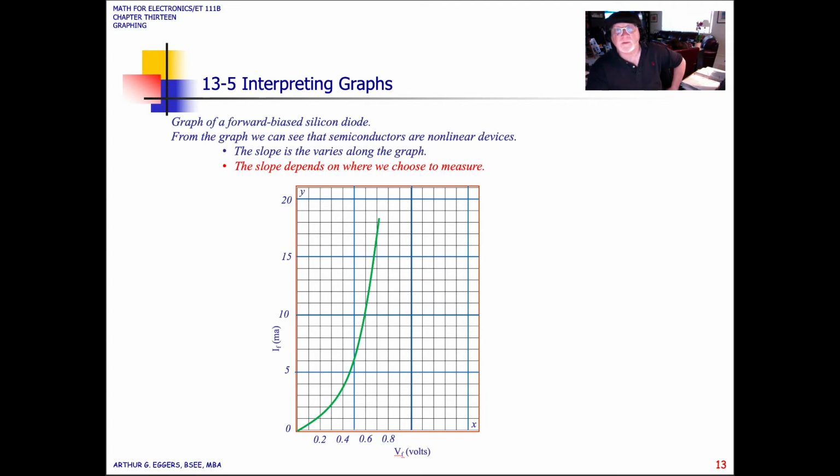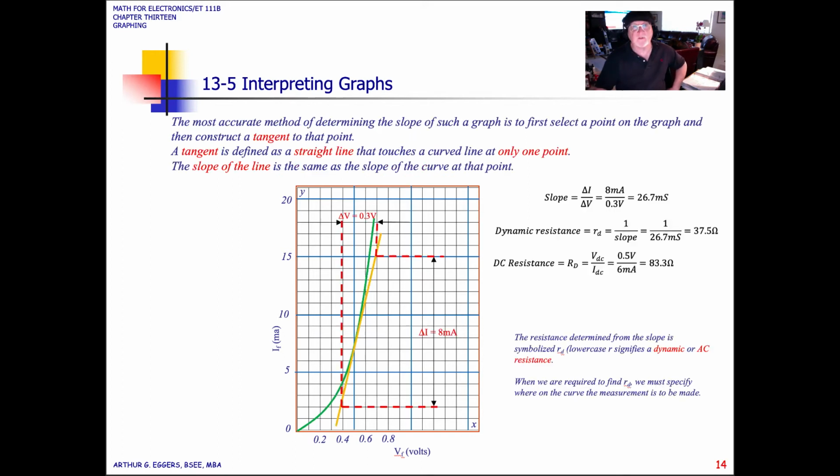We have to do something different: we place a line tangent to a point that we choose on the curve, and from that determine the slope of the line. So we are determining the slope based on a single point. The most accurate method of determining the slope of a curve is to select a point on the graph and then construct a line tangent to that point.